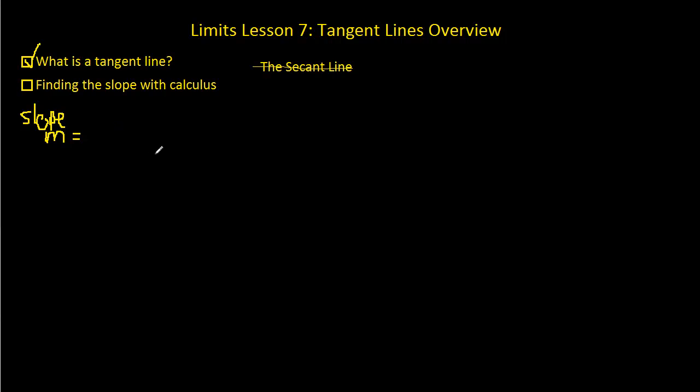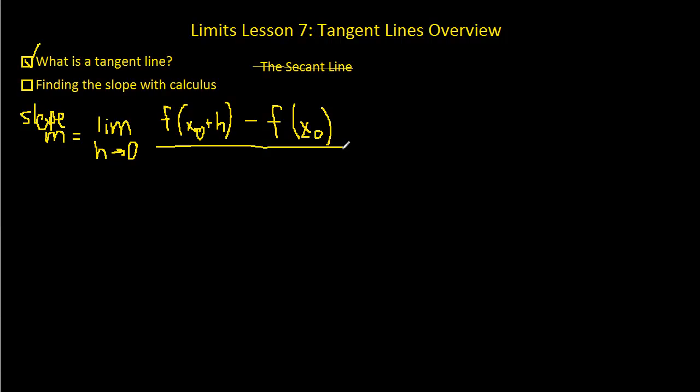The slope m equals the limit as h goes to 0 of f of x naught plus h minus f of x naught over h.